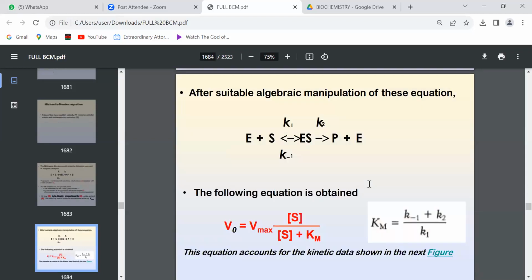So this is now the formula for the reaction rate, the Michaelis-Menten equation.